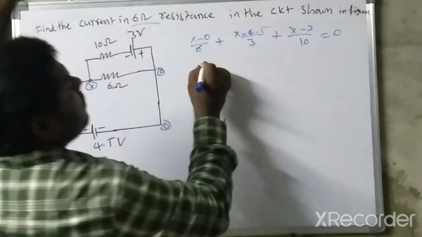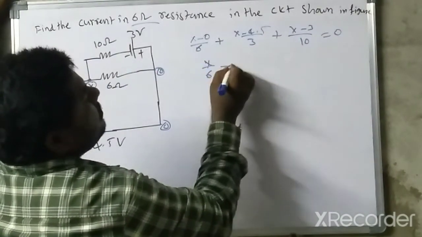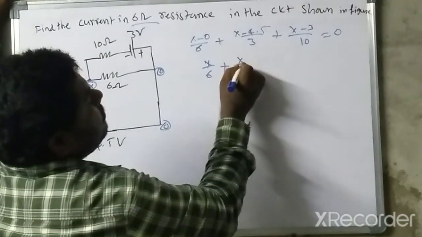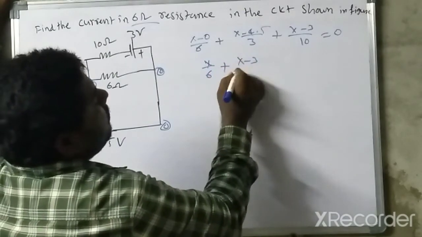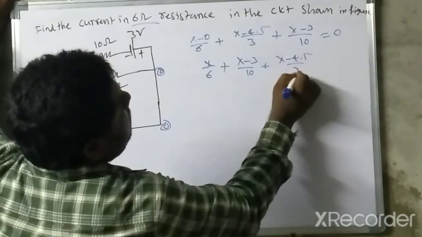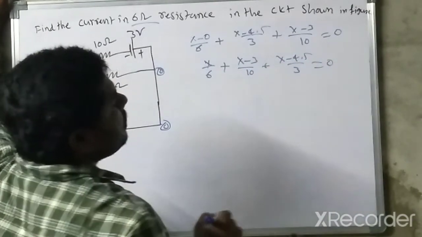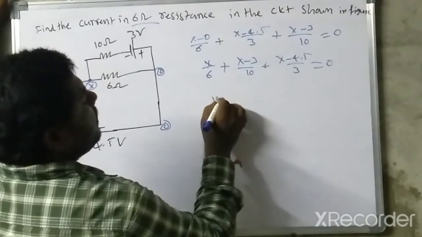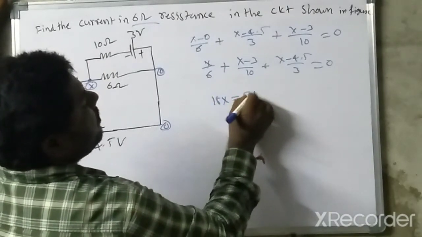Simplify, and you will get 8X is equal to 54.